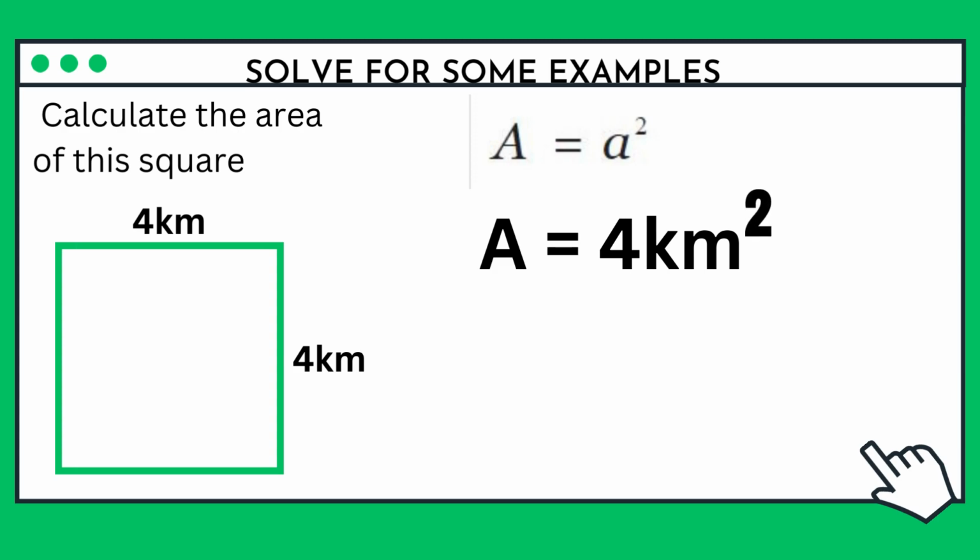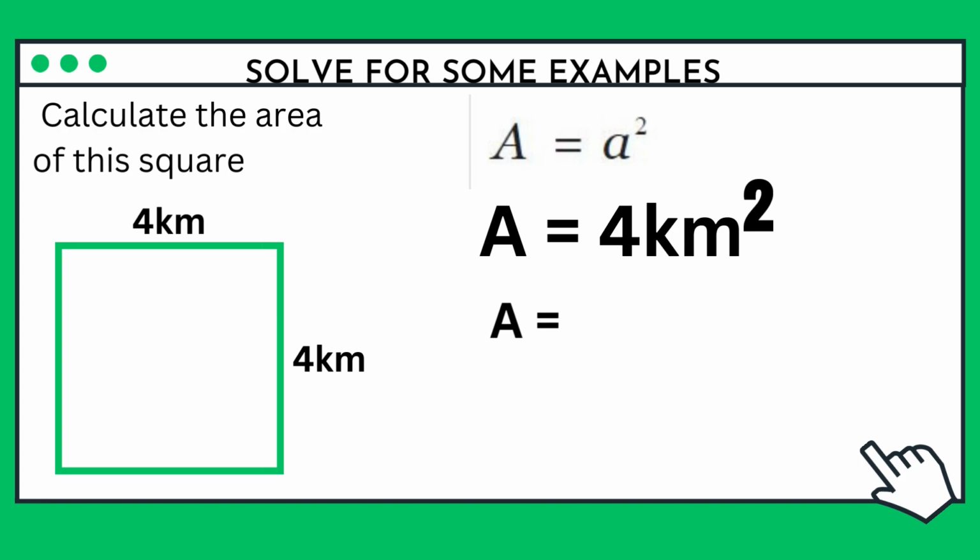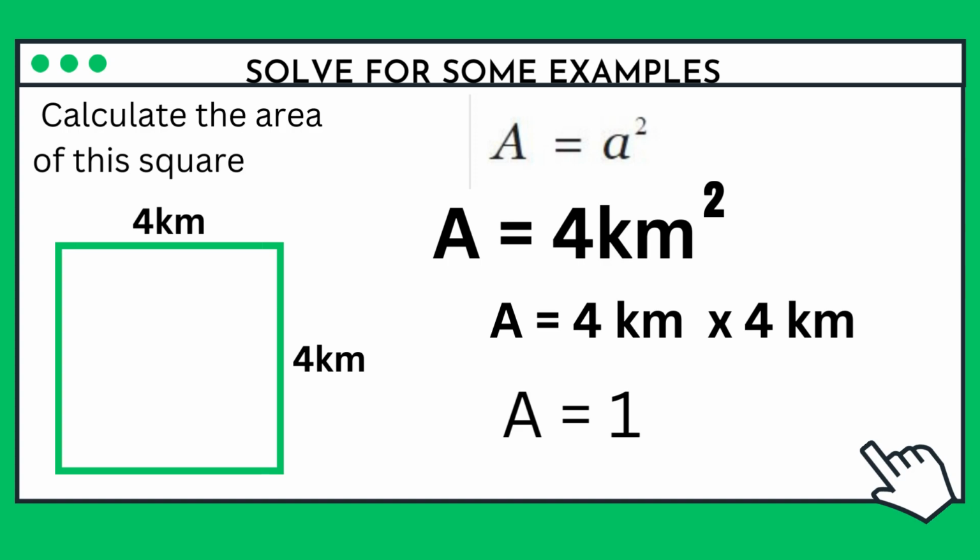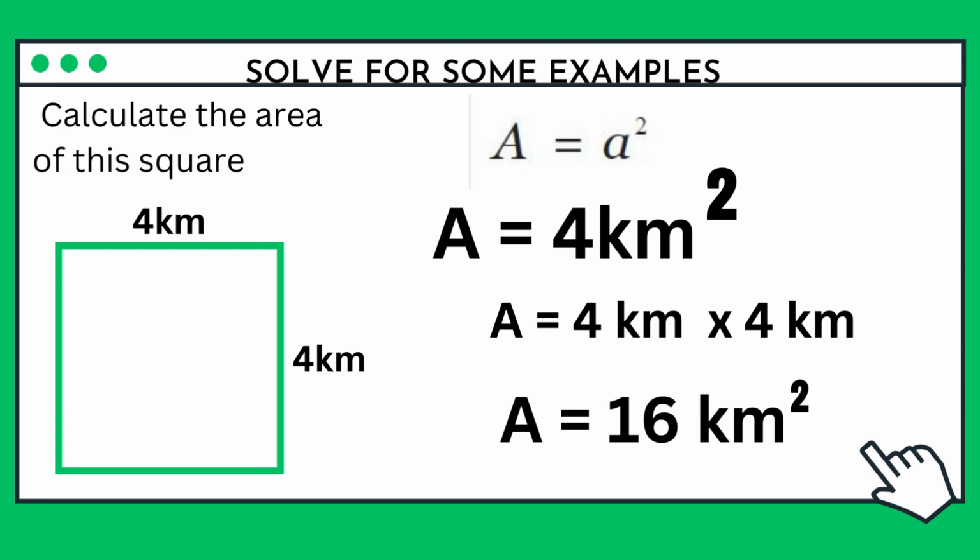Of course, don't forget to always put the square there. Mahalaga po yan, laging may 2 dahil nga square, nasa area tayo. So, A is equal to 4 km times 4 km is equal to 16 square kilometers. Okay? Diba ang dali lang? Pure substitute lang tayo.